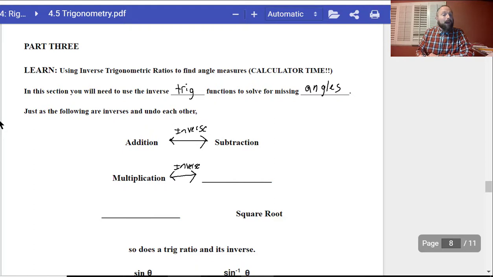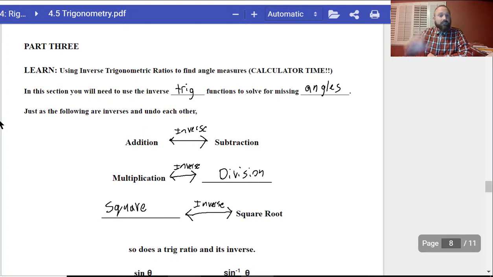The opposite operation of multiplication is division. Well, this one's a little bit harder. What is the inverse of square roots? Or the inverse of squaring is a square root? Well, it would be squaring.